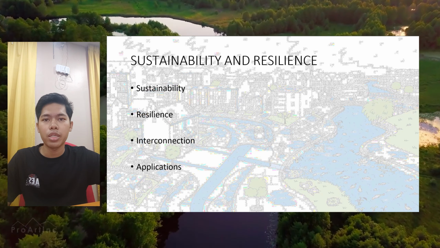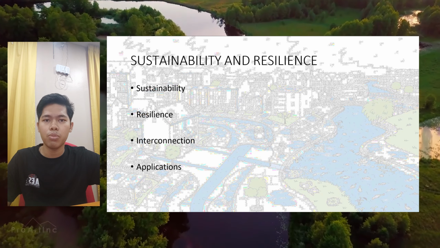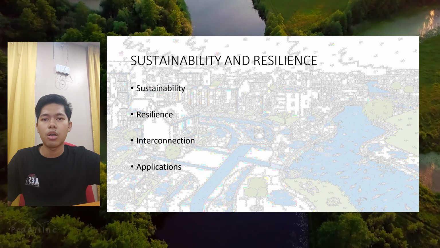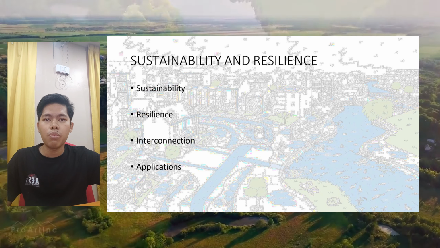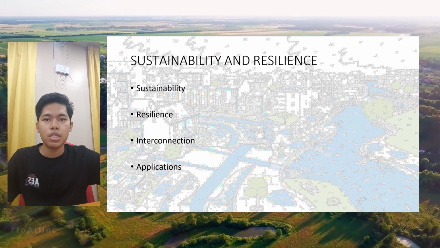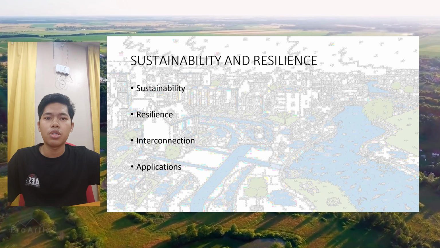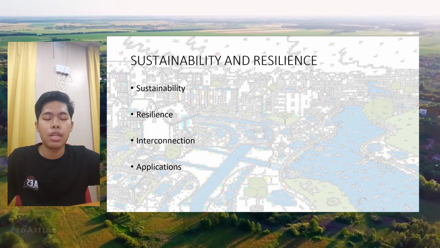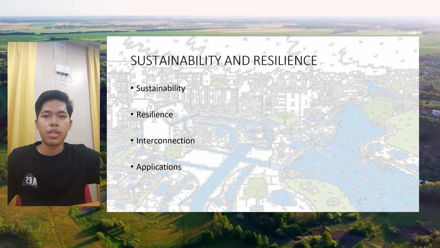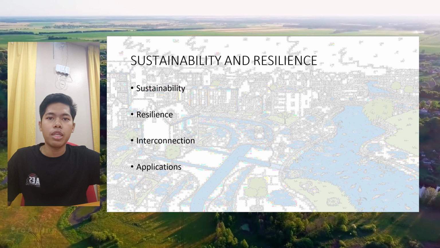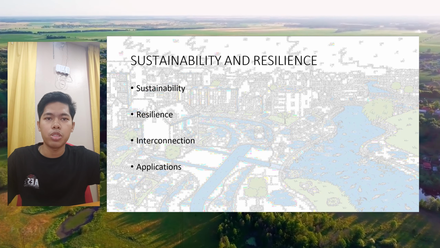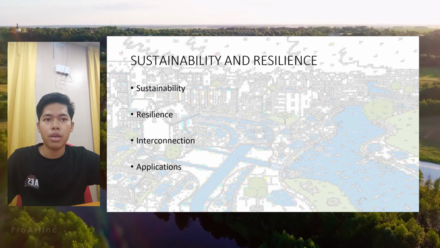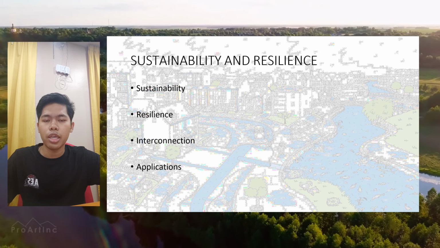So the applications that we can see are: environmental sustainability, focused on practices that reduce carbon footprint, promote renewable energy, and protect ecosystems. Social sustainability involves social justice, equality and inclusivity to create resilient communities. Economic sustainability involves responsible business practice, fair trade and inclusive economic development.